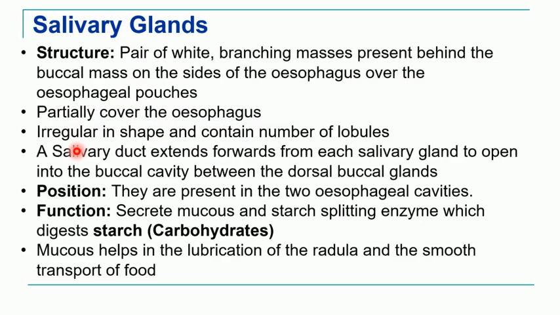Now they are irregular in shape and contain a number of lobules, like many compartments. Then a salivary duct extends from each of these salivary glands to open into the buccal cavity between the dorsal buccal glands.